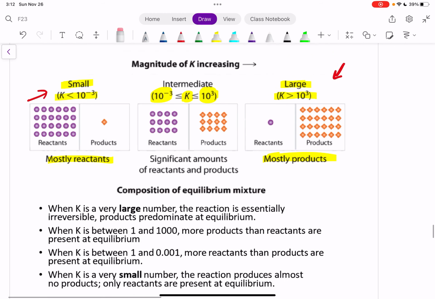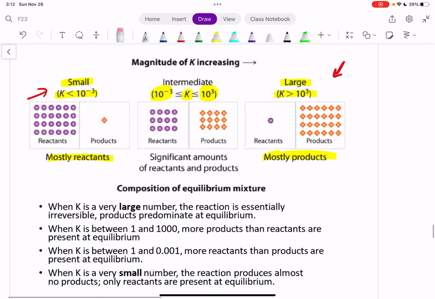So let's take a look up here and think about, is that a small number or a large number? Well, our KEQ is 0.2, so it's less than 1. So it's definitely on the smaller end. It's definitely not large.